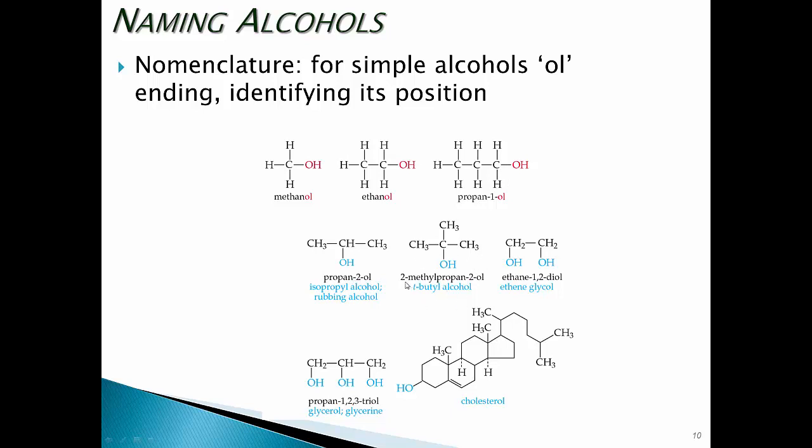When we get more complicated, we can look at 2-methylpropan-2-ol, and then we can go into diols, so meth, eth, and alkane chains, 1,2-diol. And we have triols, the same way. And this is the structure of cholesterol, so you can see there is that hydroxyl group coming off that large molecule.